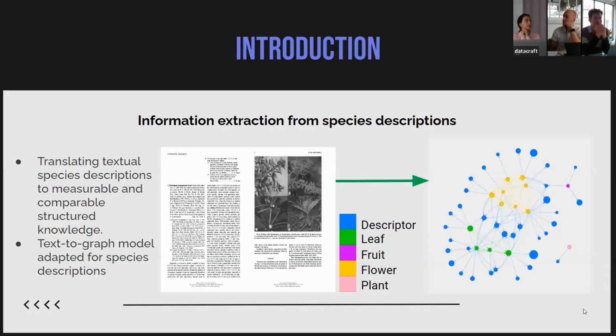So to begin with, species descriptions are a really important source of morphological information that is used by the biodiversity community. Species descriptions come in corpora like this one. Well, you can have fauna corpora or flora corpora, but I mainly focus on botanical species, so I will be focusing on flora corpora.